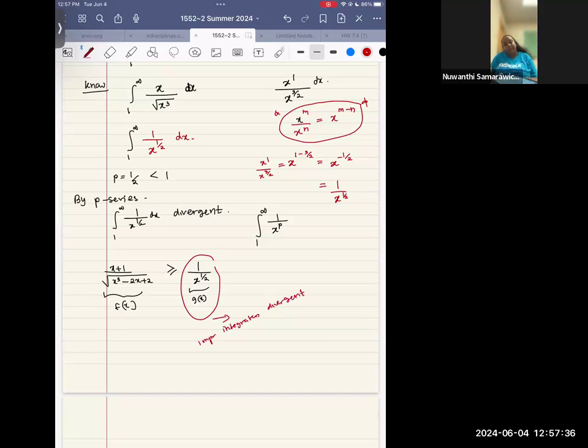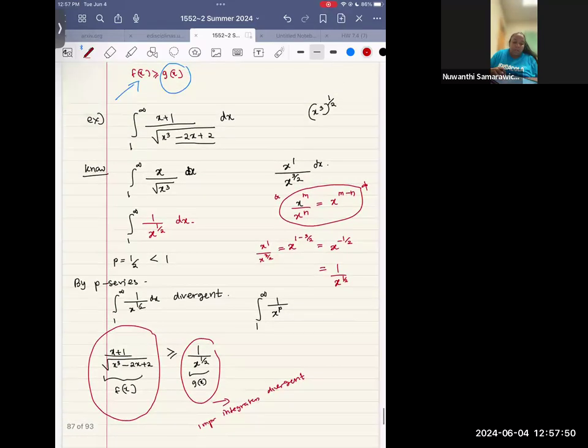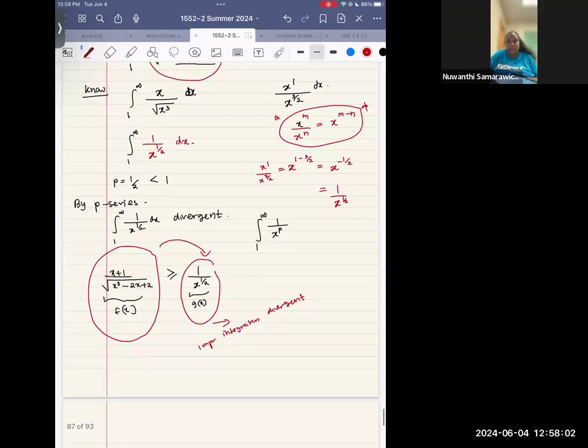Then by the comparison test, we can say the improper integration of this one is also divergent. We didn't want to work with this complicated function. Instead, we change this function to a simpler form so that we can use the P series.